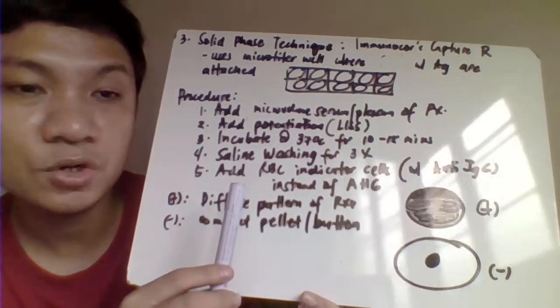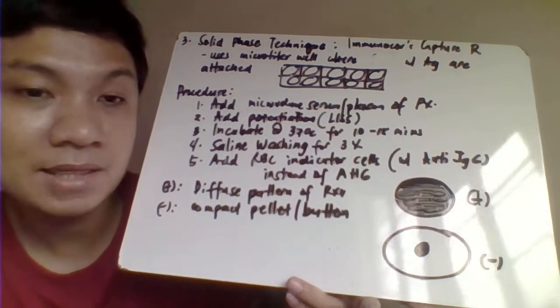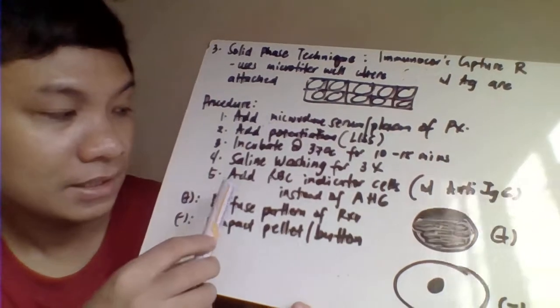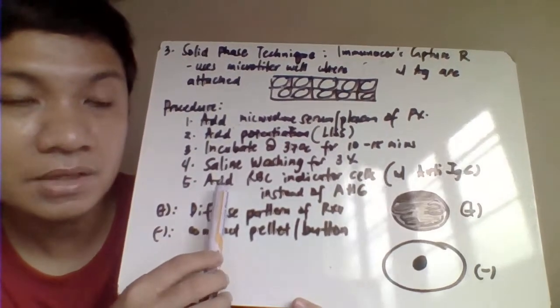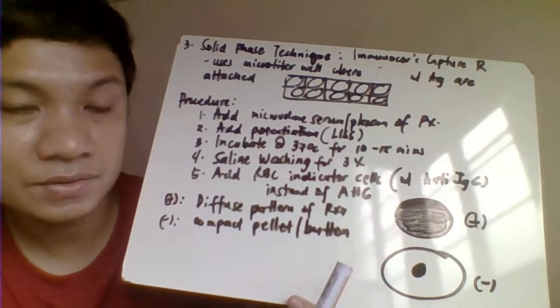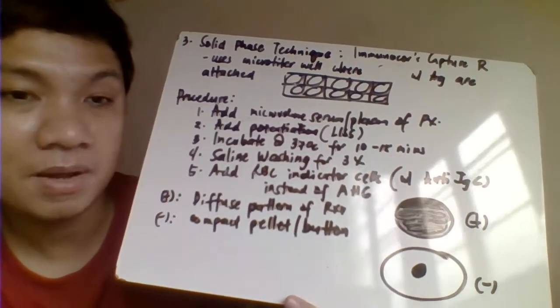Make sure that you are able to adequately wash to remove your unbound na antibody in order to prevent your false negative reaction. Then you add your indicator cell. Indicator cells here contain the anti-IgG, para this will be the one going to bind if you have your antigen-antibody reaction.